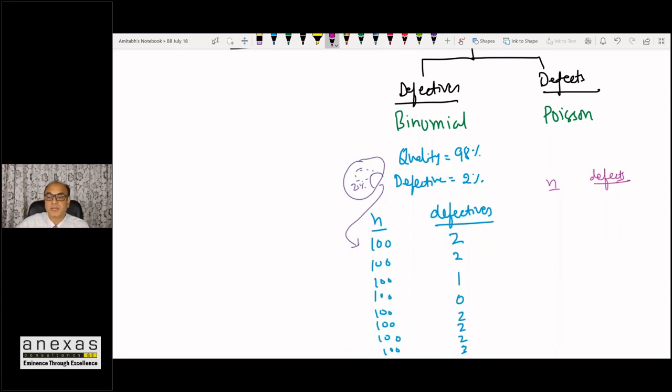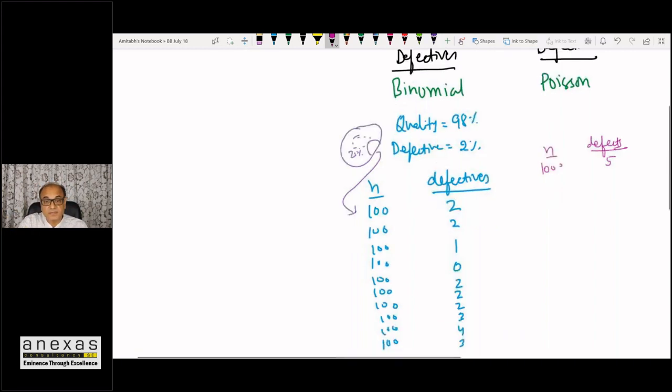So I am receiving 5 complaints every day out of maybe 1,000 customers, sometimes 2,000 customers, I don't know. When it is a larger number, such distributions will follow Poisson distribution. And the standard deviation also differs.